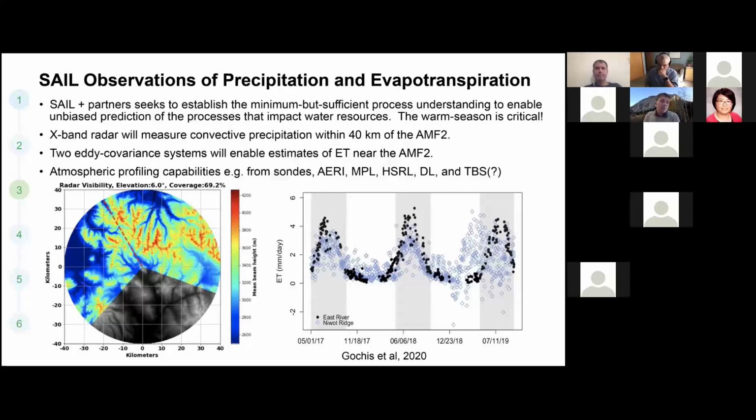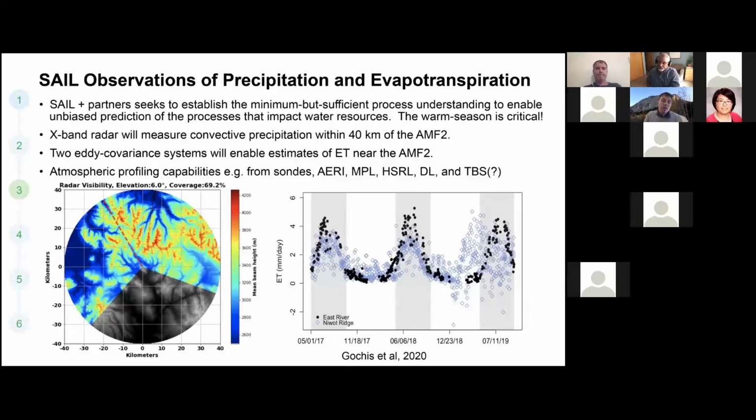We also have an extensive amount of atmospheric profiling capabilities. We'll have regular sondes, an aerosol instrument, a micropulse LiDAR, high spectral resolution LiDAR, a Doppler LiDAR with some interesting scanning capabilities. I encourage you to reach out to me if you want to do some research scans there. And we might even have a TBS. We're doing some test flights of that.